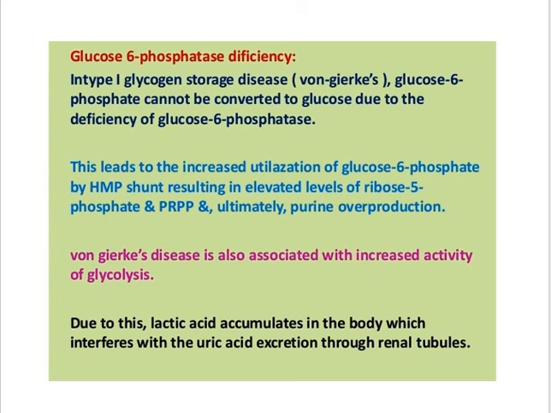And this lactic acid competes with the excretion of uric acid through the kidneys. So when there is an excessive amount of lactic acid in the body, the excretion of uric acid is decreased, which gets accumulated in the blood, leading to hyperuricemia.